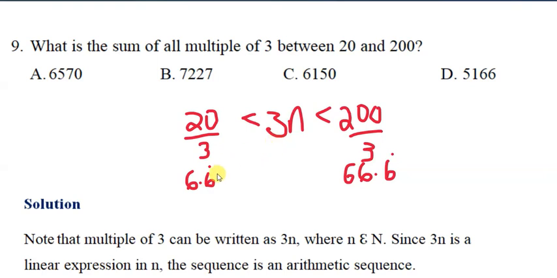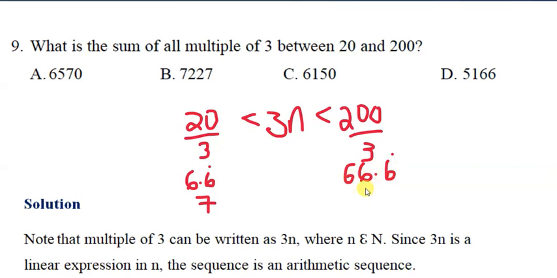take a natural number which is greater than 6.6 repeating. That number is going to be 7. And also take a natural number which is less than 66.6 repeating.